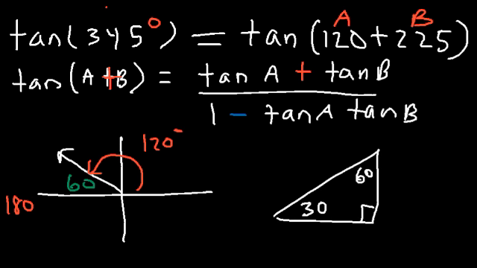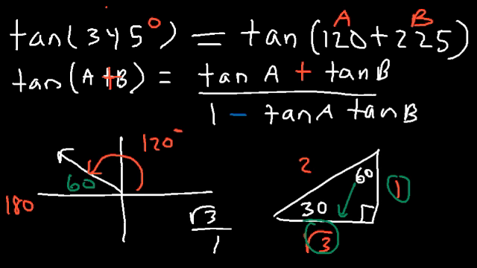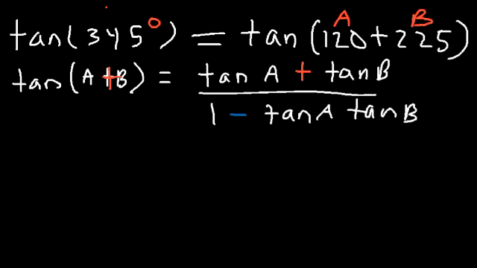So across the 30 is 1, across the 60 is root 3, across the 90 is 2. So tangent 60, opposite to 60 is root 3, adjacent is 1. So tangent is opposite over adjacent, that's root 3 over 1. So tan 60 is root 3. Now tangent is positive in quadrant 1, but it's negative in quadrant 2. So tangent 120 is therefore negative root 3.